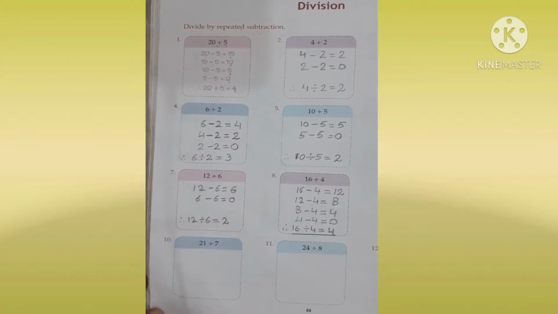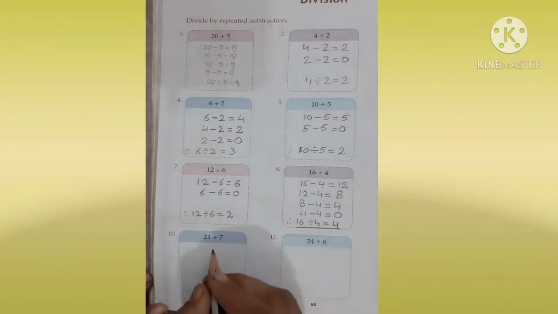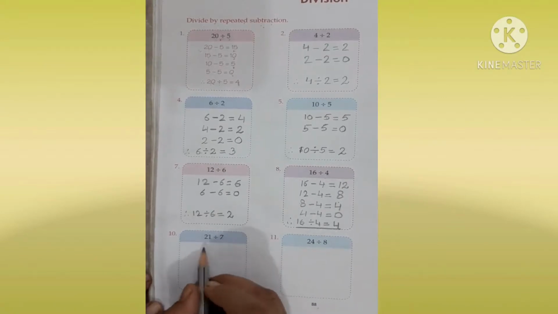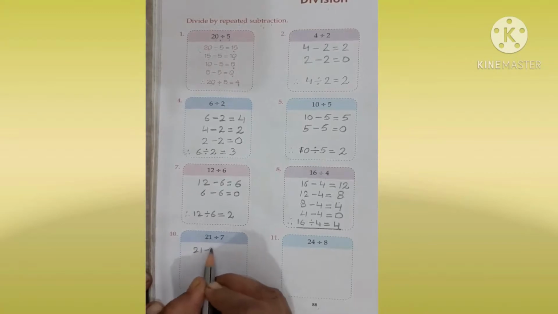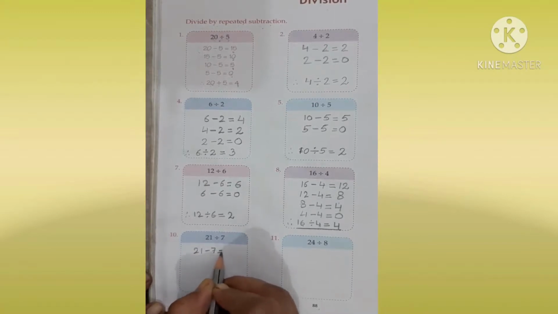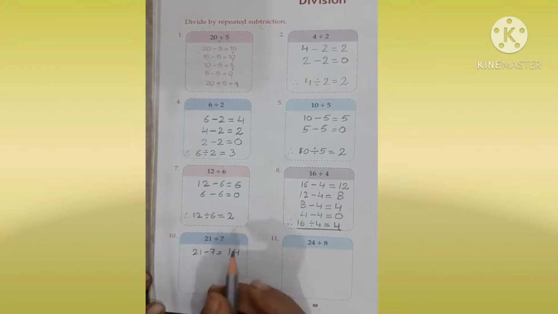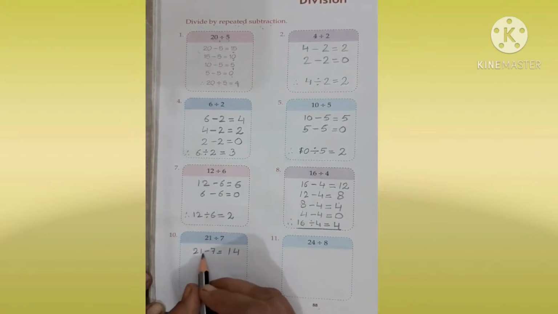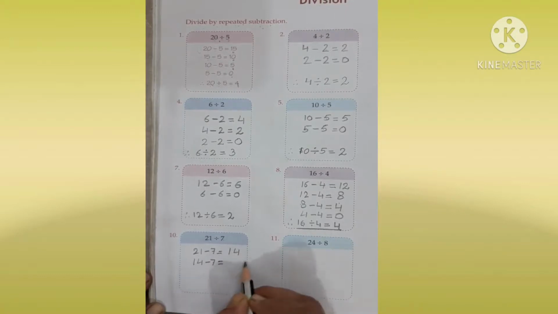Now question number 10. 21 divided by 7. So 21 minus 7 is equal to how much? 14. 21 minus 7 is equal to 14. 14 minus 7 is equal to 7.